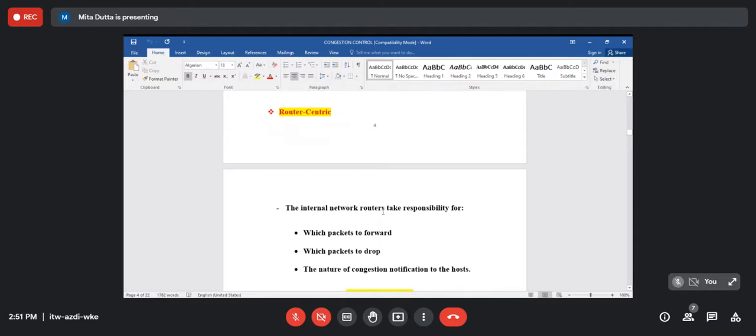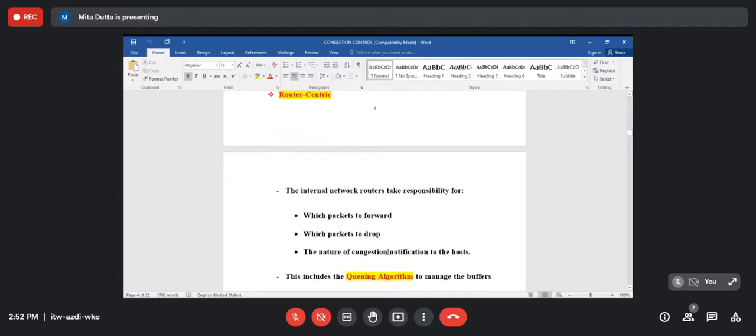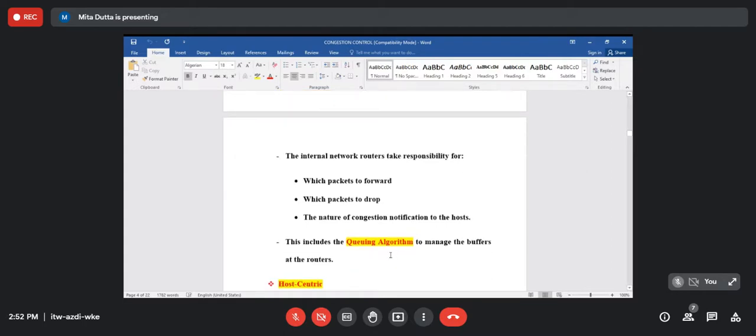So the router has the responsibility of deciding which packets to forward and which packets to drop, and when congestion occurs, it is the responsibility of the router to tell this situation to the two hosts, that means the sending end and also the receiving end. And this can be done with the help of a queuing algorithm.